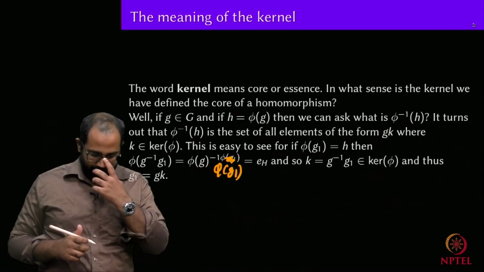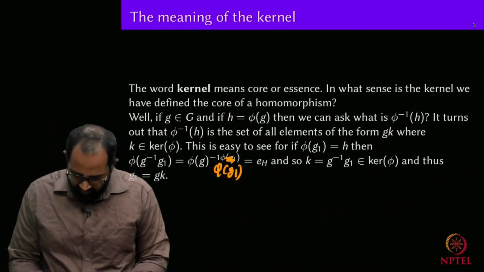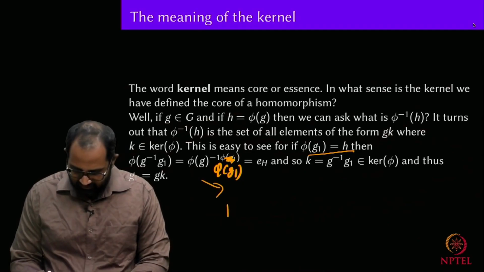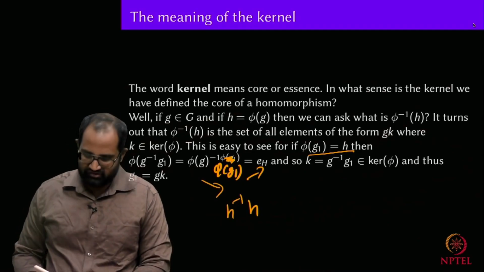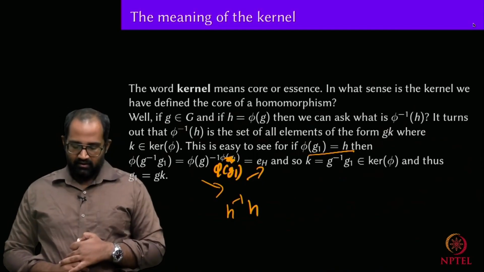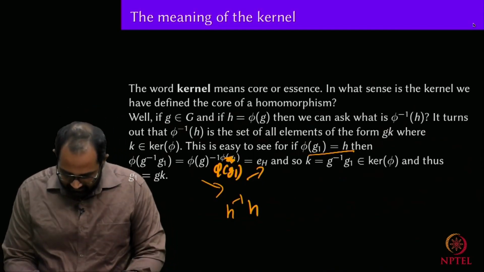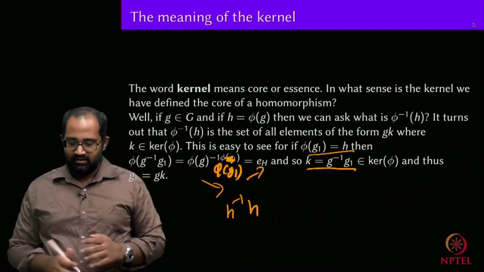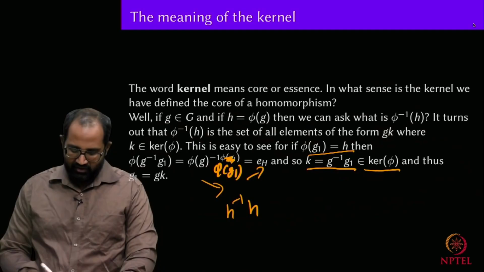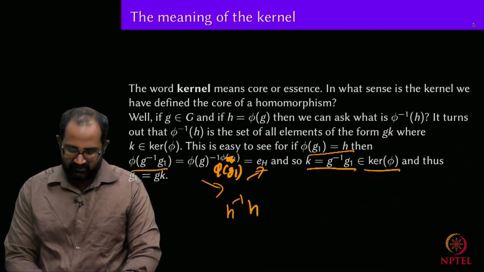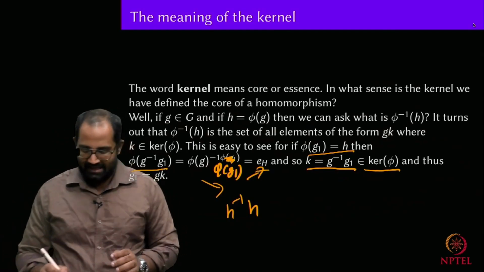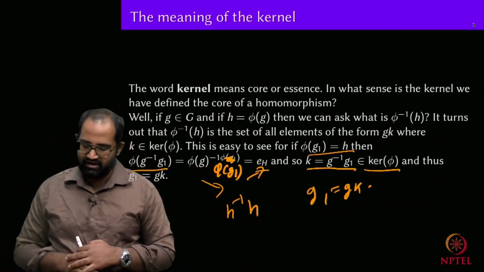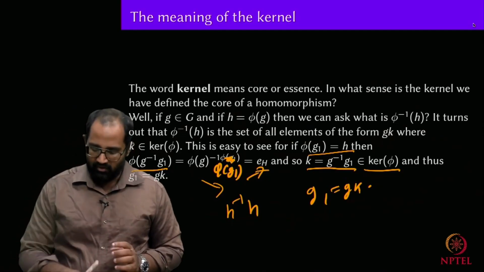Now, phi of g1 is h, phi of g is also h. So, this is just h inverse h, which is e_H, which means if you take k to be g inverse g1, then that is an element of the kernel of phi, because we have just shown that phi of g inverse g1 is equal to e_H, and therefore, we get g1 equal to gk, where k is g inverse g1.